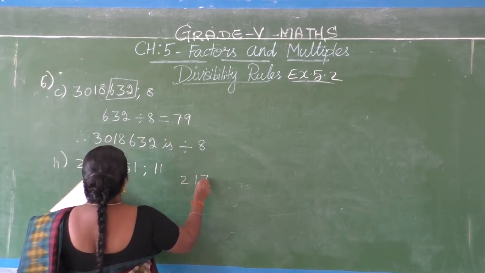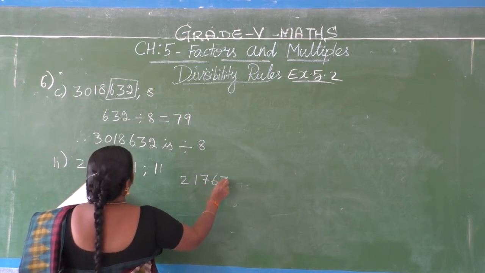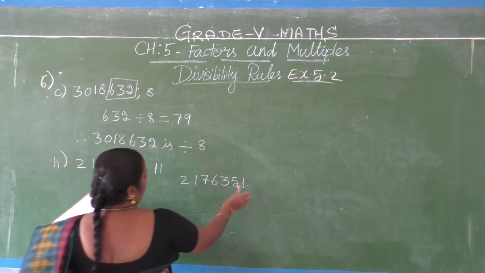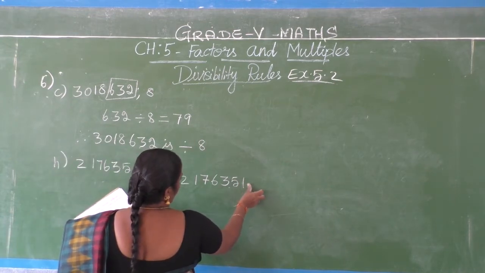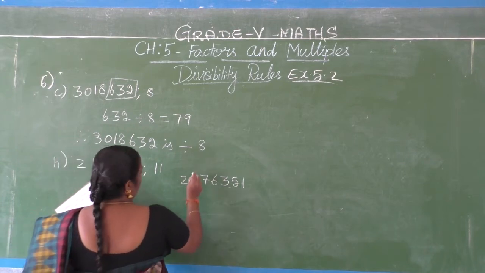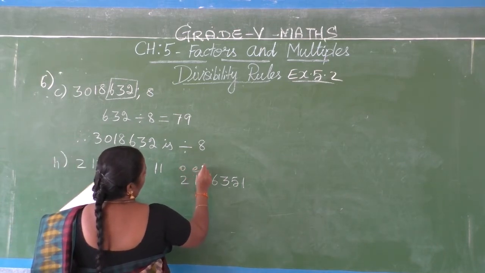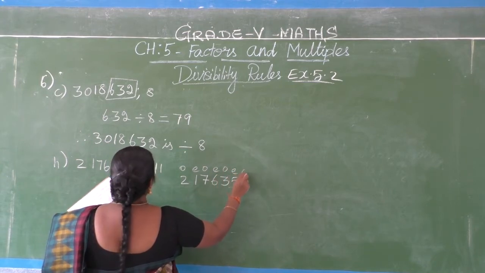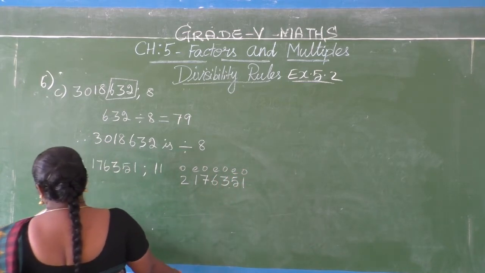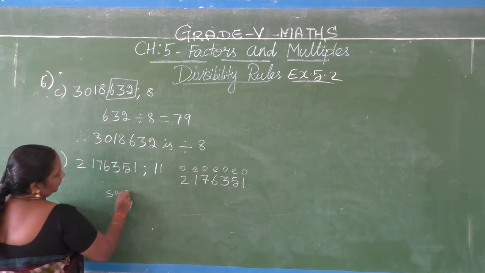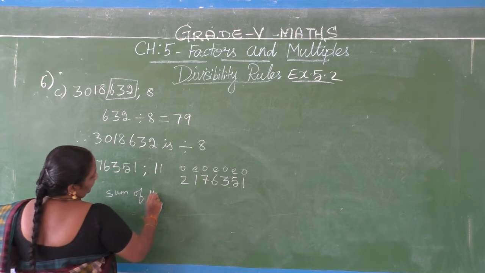See, one more time I will write the number. So what is the rule for 11? The difference between the sum of the odd places and the even places, isn't it? So odd, even, odd, even, odd, even, odd.